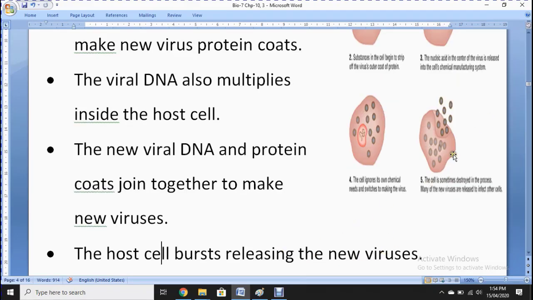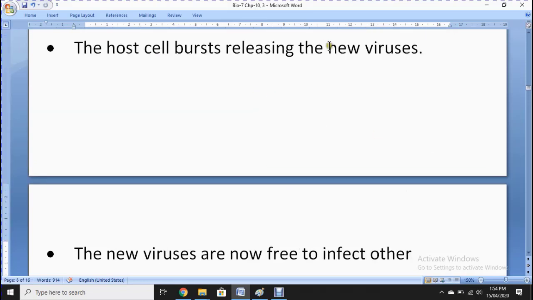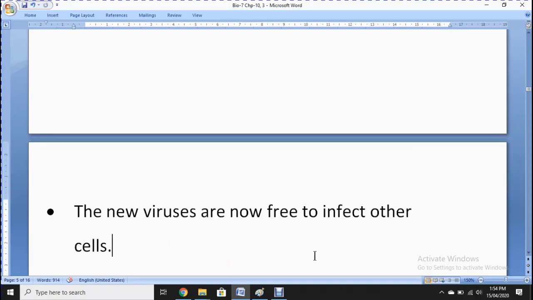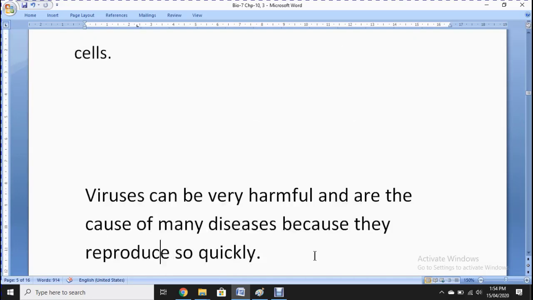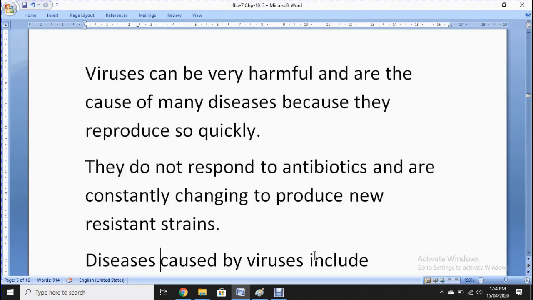You can see that now this host cell is destroyed. It doesn't have anything except the viruses. Only one virus entered, and here many will come out. The new viruses are now free to infect other cells. From one cell they can move to other body parts, or they can affect other cells.